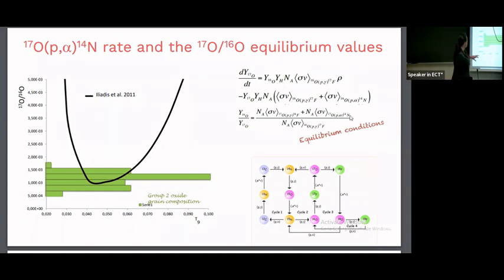And as you can see, these are the oxygen 17 on oxygen 16 isotopic ratios recorded in group 2 oxide grains, and we have a good match in a good range of temperature. Unfortunately, in this range of temperature lie at least 2 or 3 solar masses of red giant stars burning hydrogen. So the same value of the oxygen isotopic ratio can be matched by stars burning hydrogen at different temperatures, so by stars with different masses.